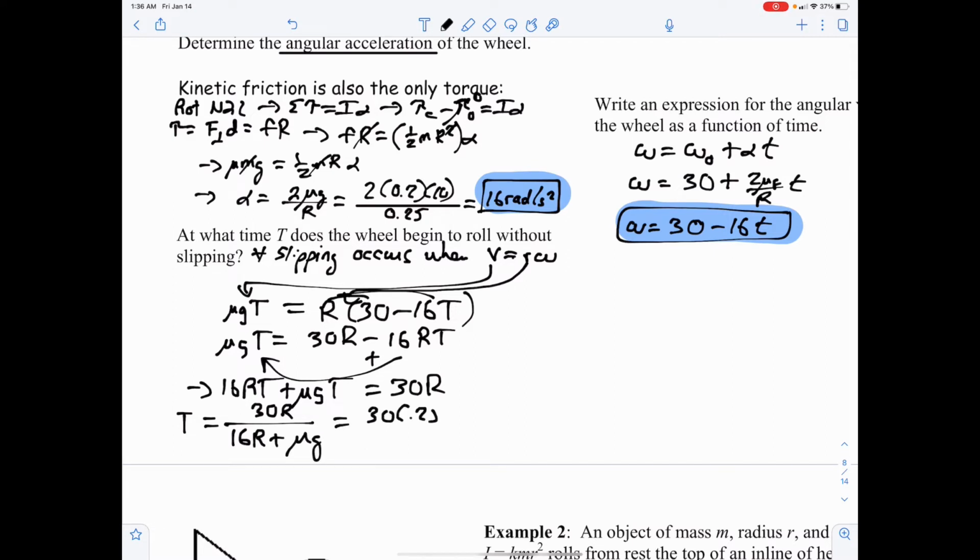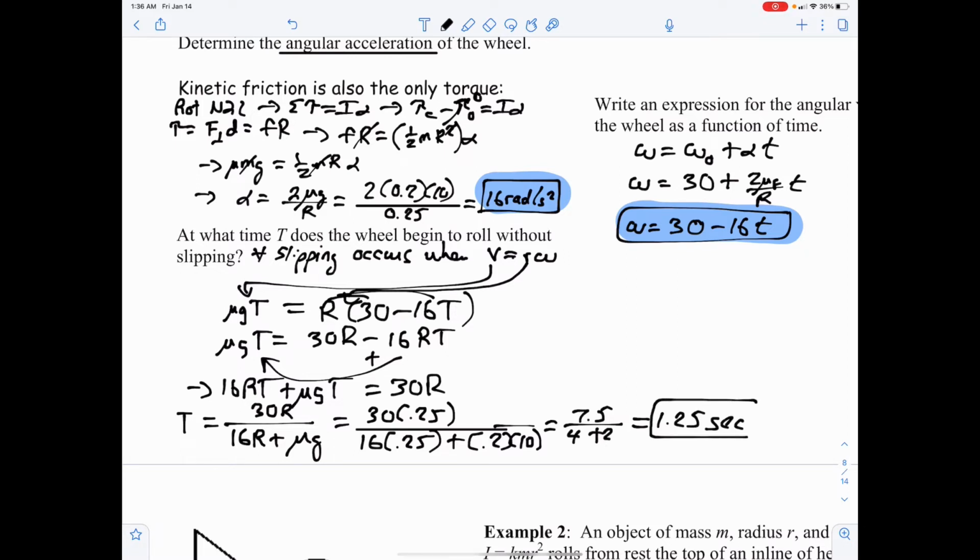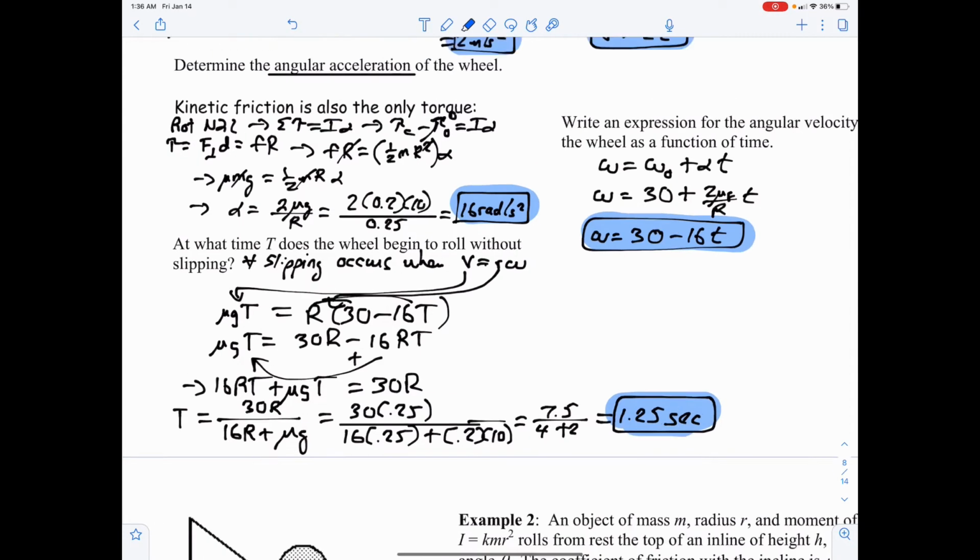Or it's 30 times 0.25 over 16 times 0.25 plus 0.2 times 10. So we have about 7.5 over 4 plus 2. Okay, so 7.5 over 6, about 1.25 seconds. So at 1.25 seconds is when the translational velocity equals the r omega.